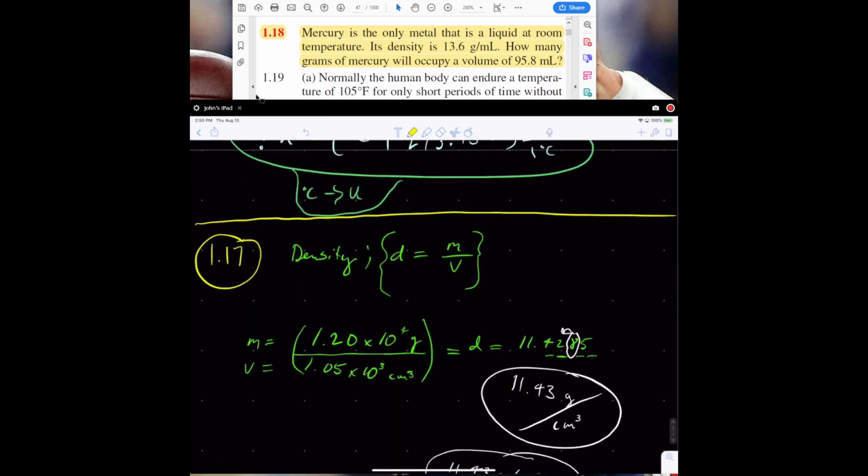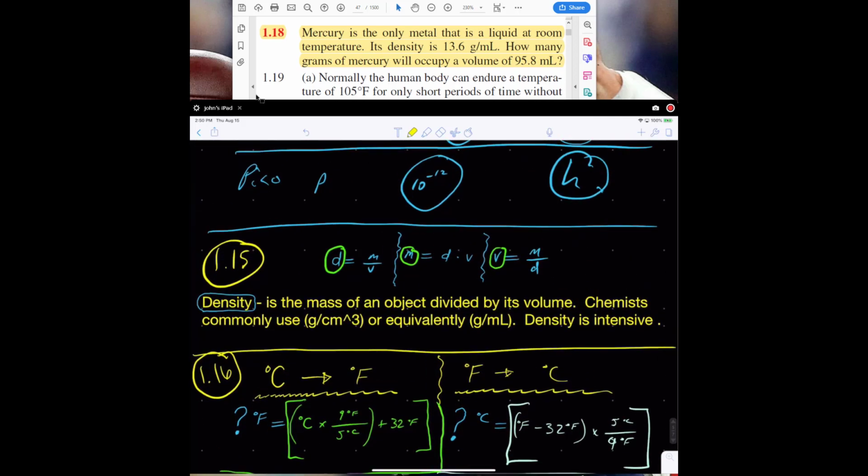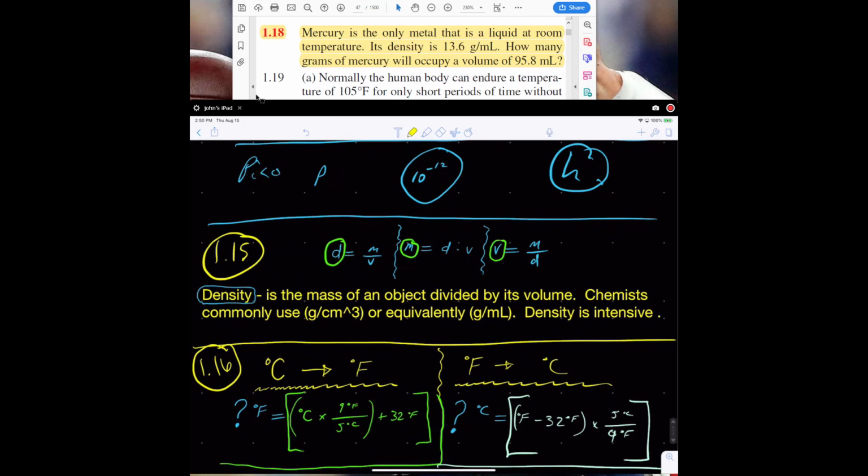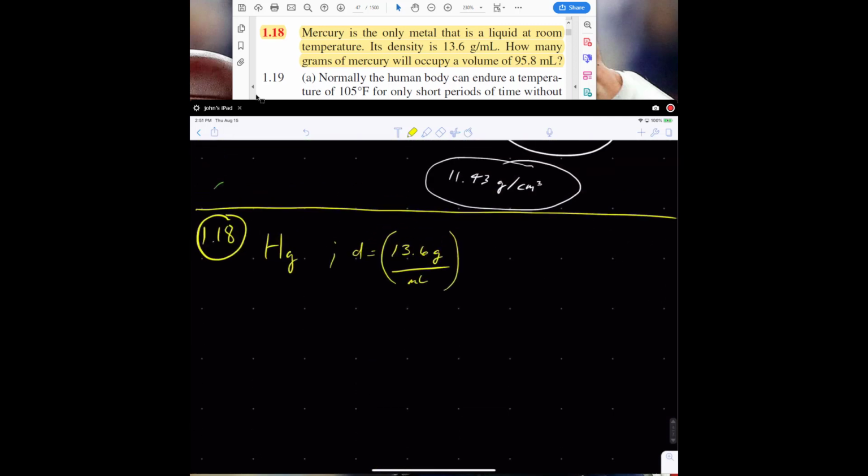Similar to how we rearranged it up here in 1.15, we're going to use this formula to solve for mass. So m equals d times v. Mass is equal to density times the volume.